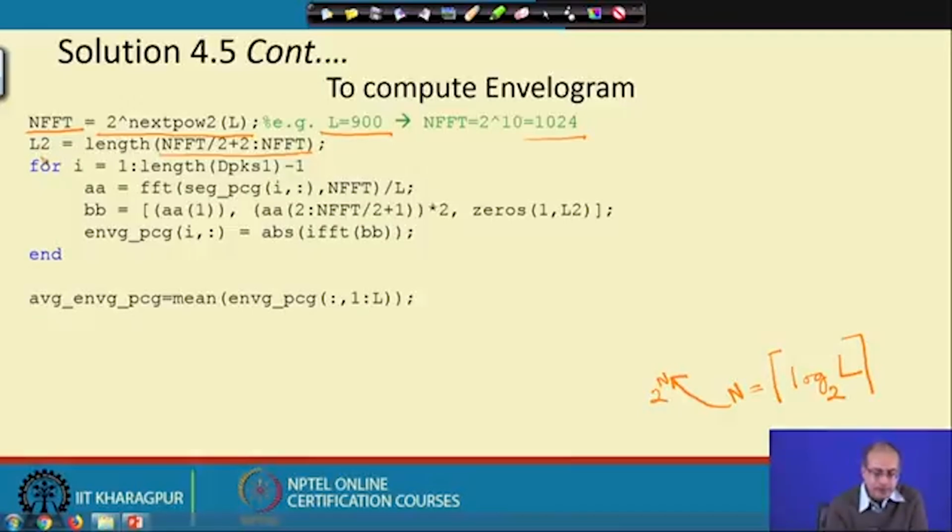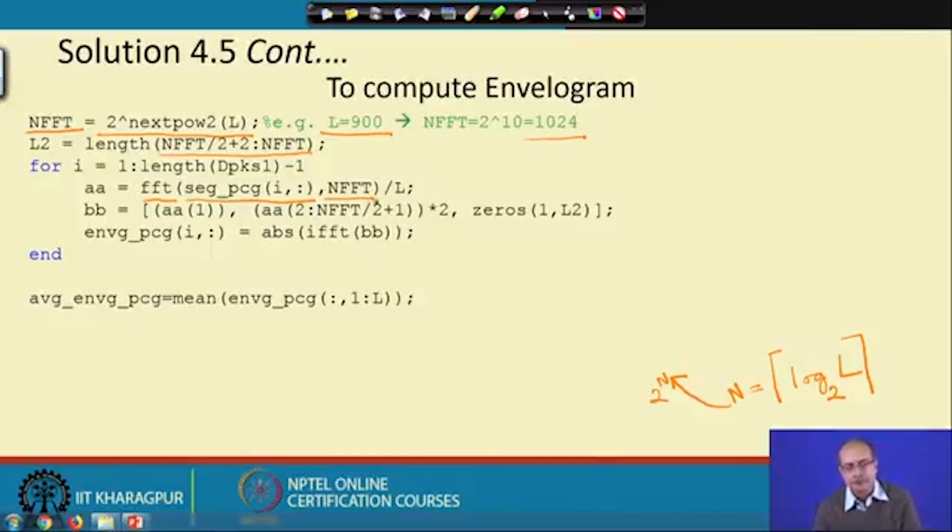Now, the first job is that we need to take the Fourier transform of each of these PCG segments, or each cycle of the PCG, which are padded to some extent if they are shorter than L, and beyond that also they could be padded, and we are taking the NFFT point FFT.